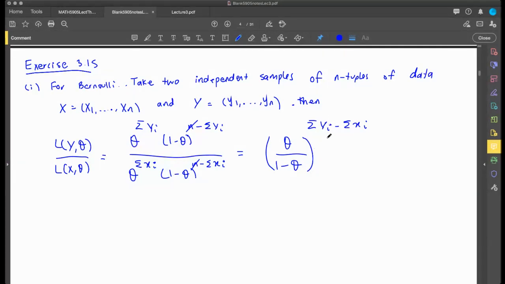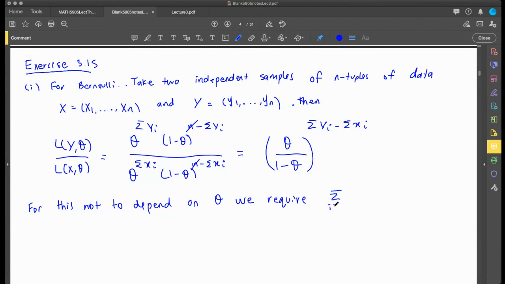Now we want to define our set such that this expression here does not depend on theta. And it's quite direct now what has to happen, right? So for this not to depend on theta, because this is the ratio which defines our sets, and we want it to be independent of theta. So to not depend on theta, well, what do we need?